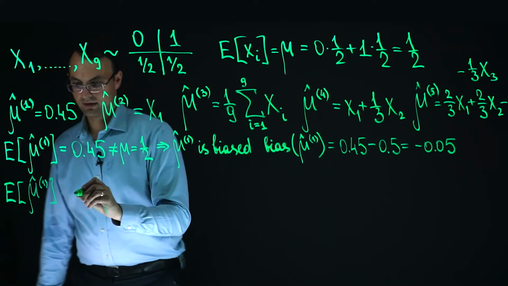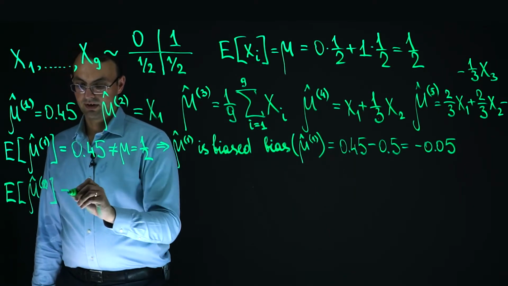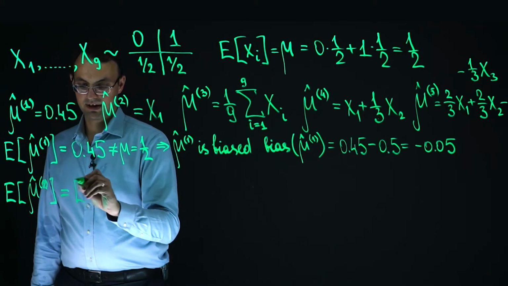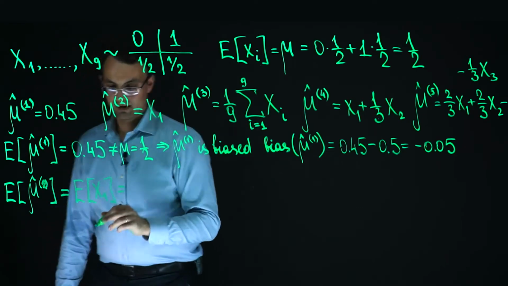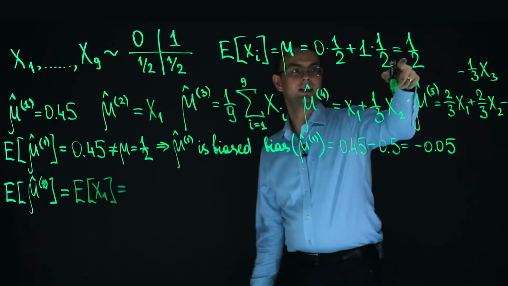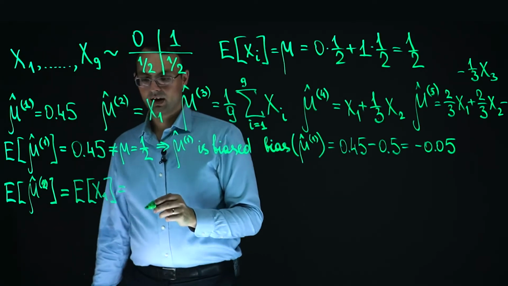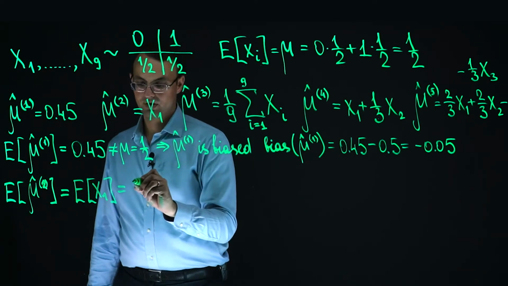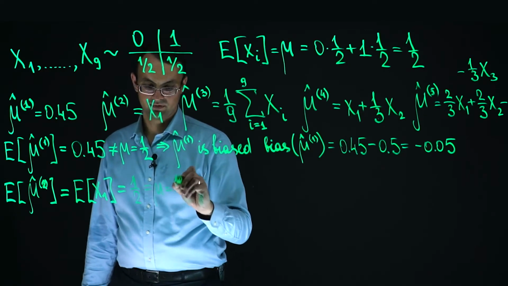Then the second one, mu hat 2. This is the expected value of x1, as mu hat 2 is equal to x1. The expected value of x1 is 1/2, as the expected values of all x's are the same. So it is 1/2. This is equal to mu.